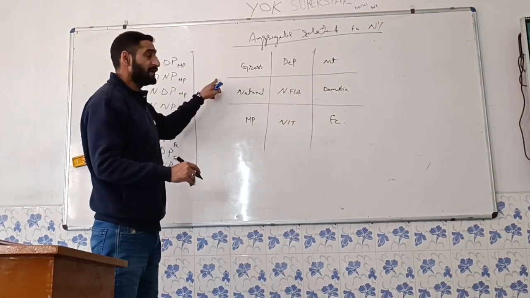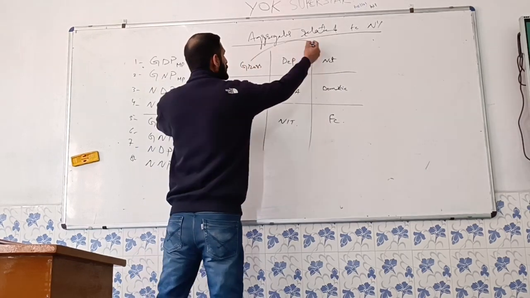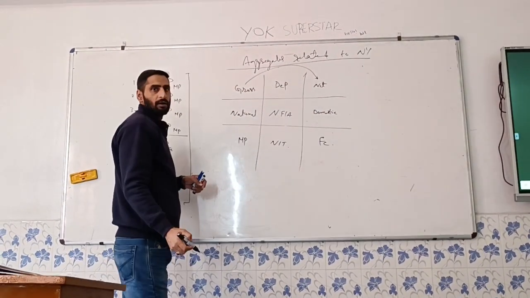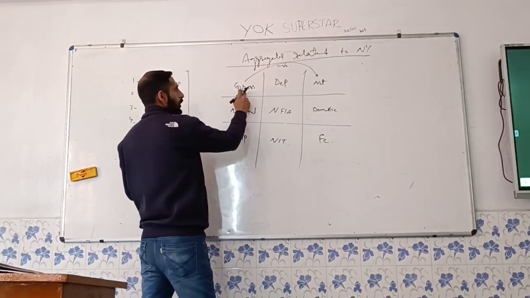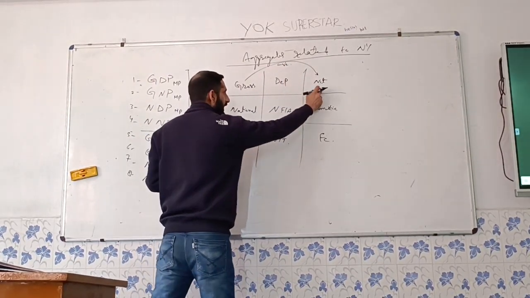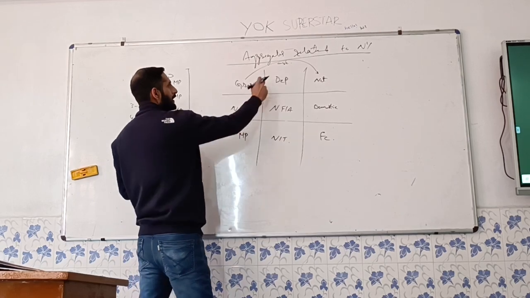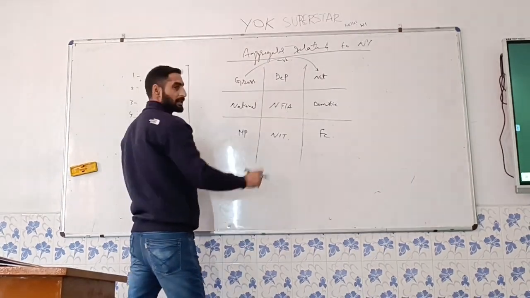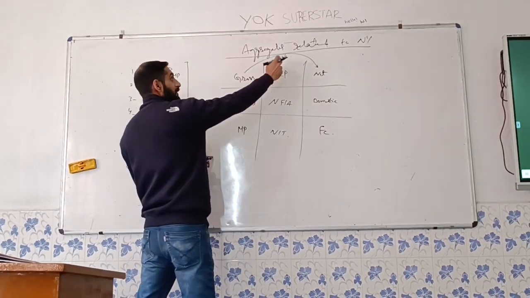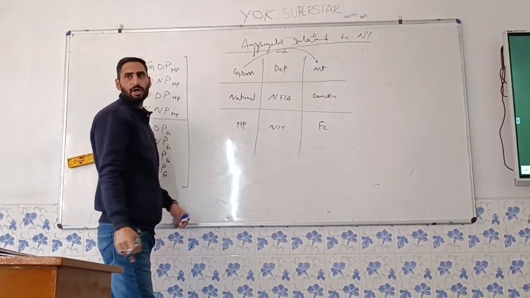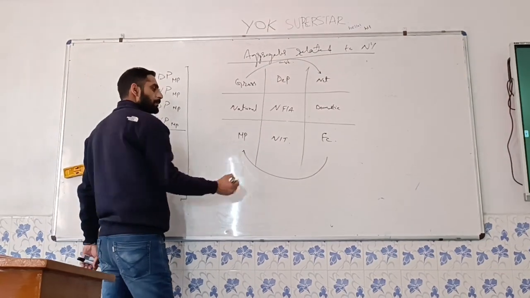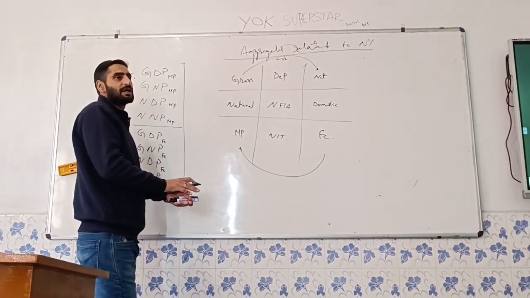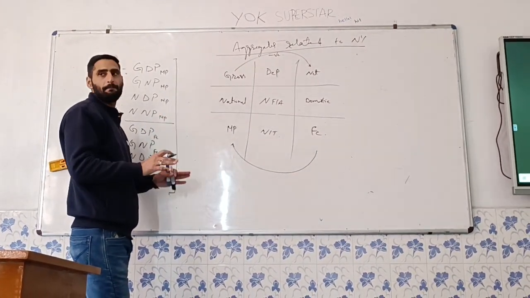So, if we go from big to small, we will have to deduct something. So, we will put a negative sign. So, gross minus depreciation is net, national minus NFIA is domestic, market price minus NIT is factor cost, and vice versa. If we come from small to big one, we will add something to the small one to become the big one.